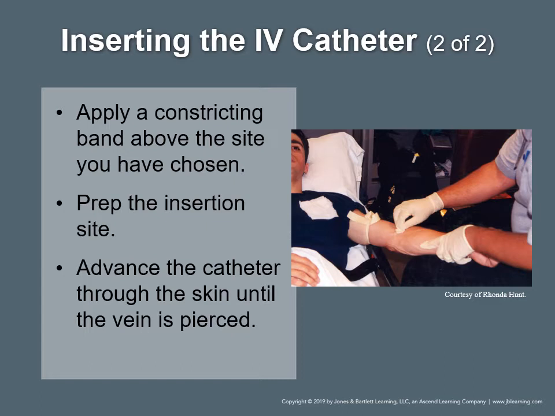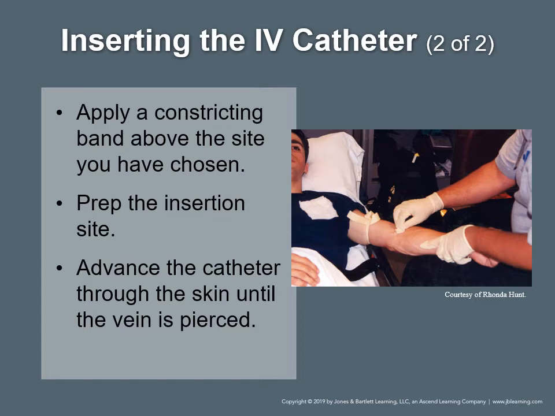Apply gentle downward or lateral traction on the vein with your free hand while holding the catheter bevel side up in your dominant hand. Advance the catheter through the skin until the vein is pierced, then immediately drop the angle down to approximately 15 degrees and advance the catheter a few more millimeters to ensure that the catheter sheath is in the vein.